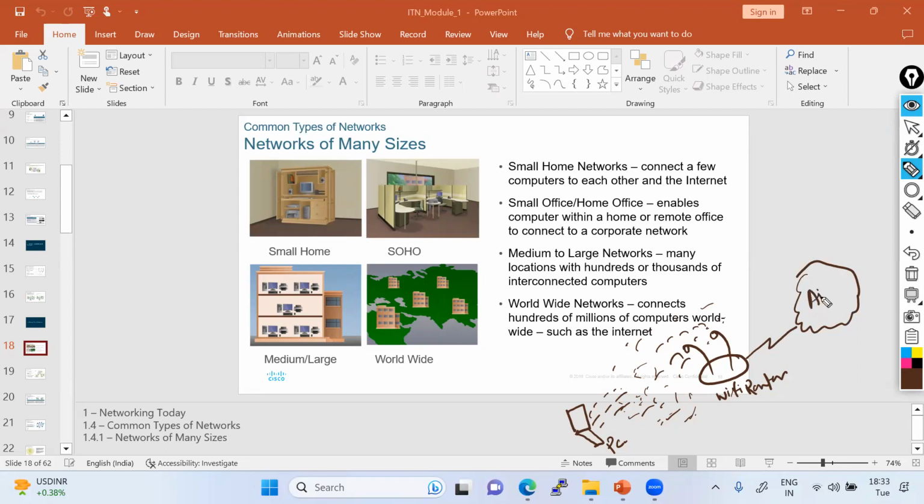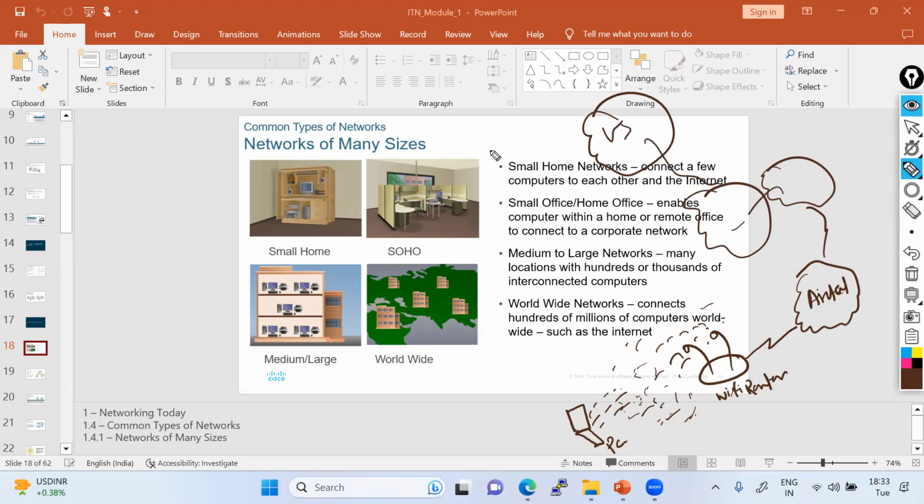In my case, I'm connected with the Airtel connection. So this Airtel is further connected with a different ISP, and it is still going to the US where you guys are sitting. And you guys also have a similar kind of router here. They are also spreading the signals. This is again Wi-Fi.